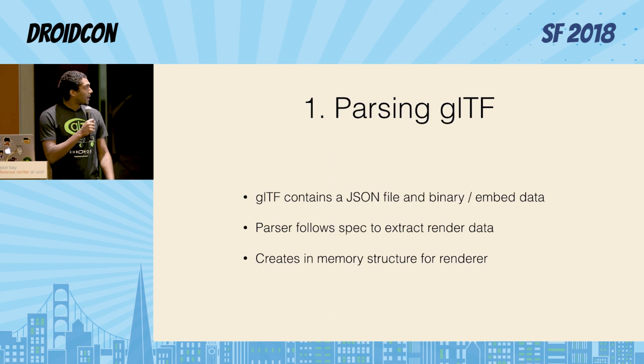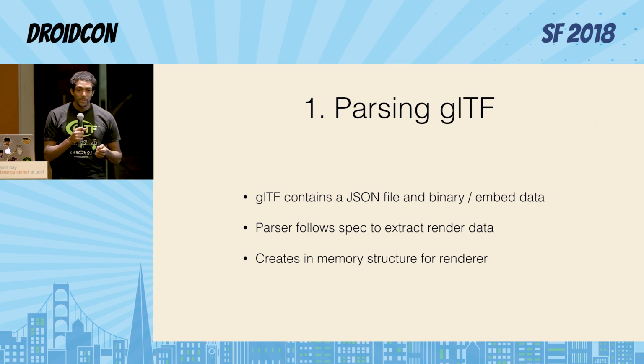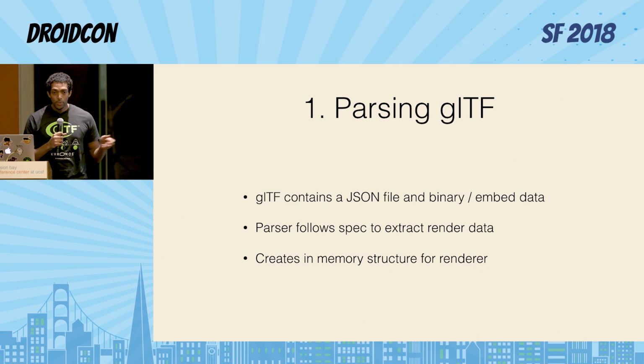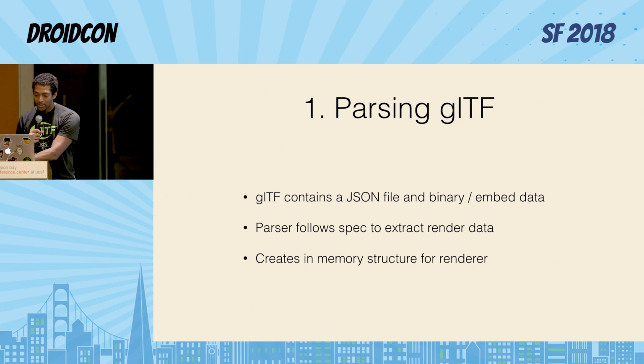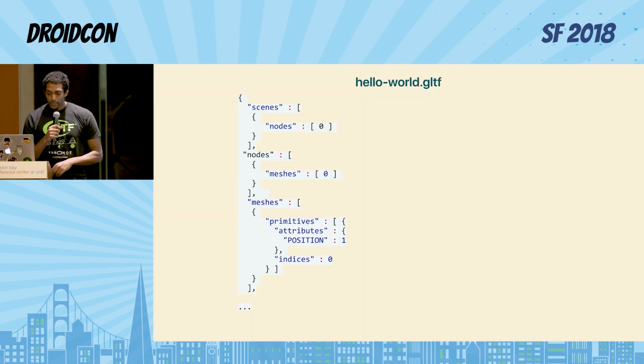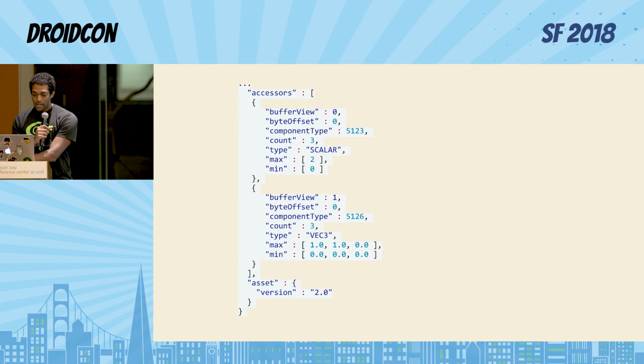So let's talk about how we actually implement the rendering of this. So first, we want to parse the glTF. So that's pretty obvious. We're going to walk through the glTF JSON, and then we're going to parse the scene graph, and then we're going to figure out how to find the buffer data. So remember, this was our structure where we had our scenes, our nodes, our meshes, our buffers, our buffer views, and our accessors.